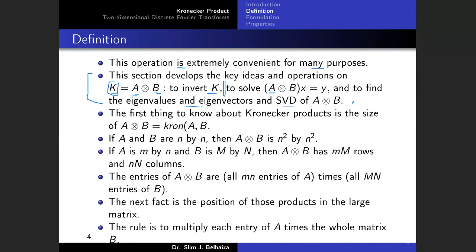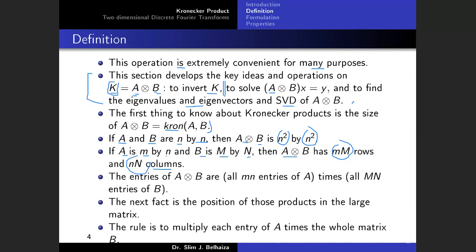And the first thing to know about the Kronecker product is the size of, first of all, A ⊗ B, which is usually called kron(A,B). So if A and B are n by n, then A ⊗ B is n squared by n squared. Okay, so imagine the huge size of the resulting product matrix. If A is m by n and B is capital M by capital N, then the product has m times M rows and n times N columns.